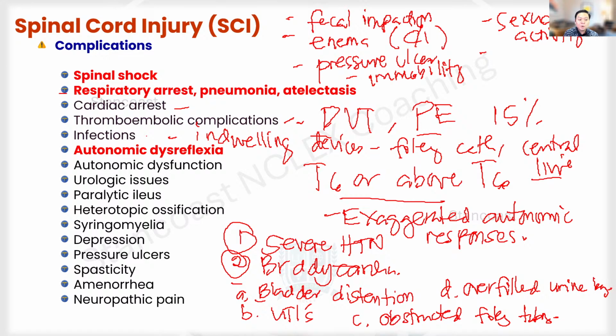What else? Temperature extremes. Please take note of the regulation of the temperature in the patient's room. If it's too cold, yeah, it can lead to the hypertensive crisis. If it's too warm, the same thing can happen, because they have dysregulation in their autonomic nervous system function.